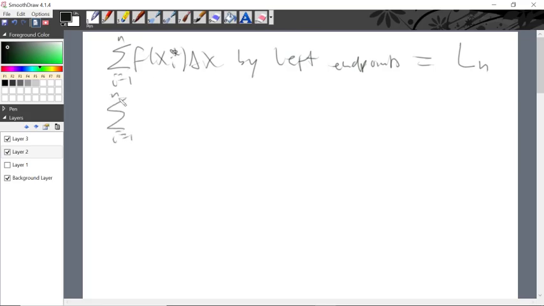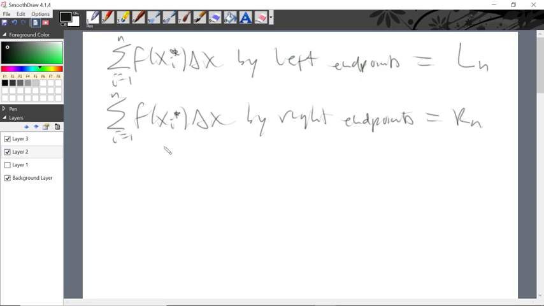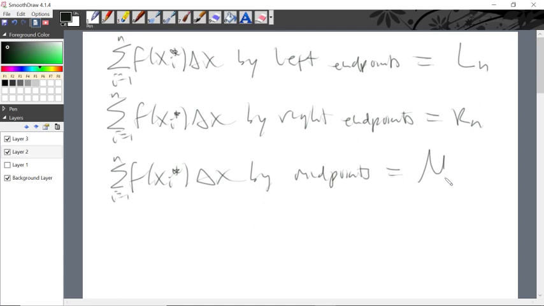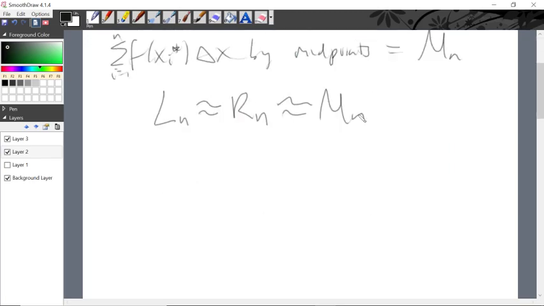Let's say the sum from i equals 1 to n of f of x_i star delta x by the right endpoints is equal to R sub n, and the sum from i equals 1 to n of f of x_i star delta x by the midpoints, we'll call that M sub n. L sub n is not the same as, but maybe approximately equal to R sub n, which is also not the same as, but approximately equal to M sub n. Right? These are not equal to each other.